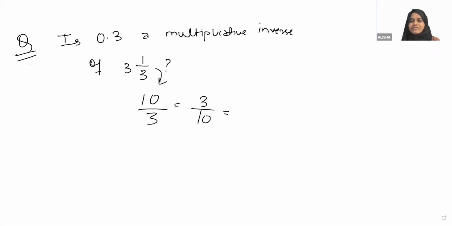What happened? Forgot decimal. Where do I have to write 10 and where 3? Ten inside and 3 outside. Which side is 10 and which side is 3? 10 outside and 3 inside, yeah.